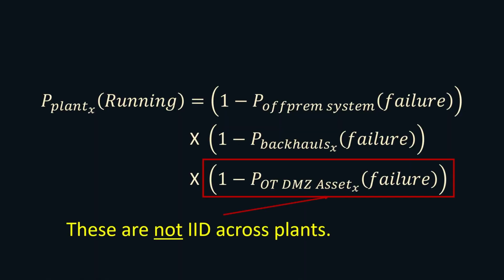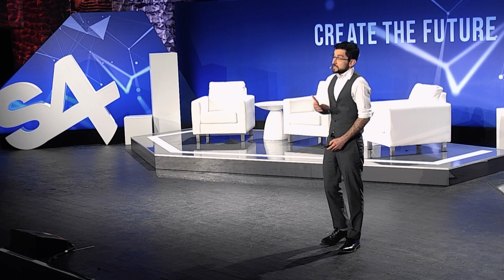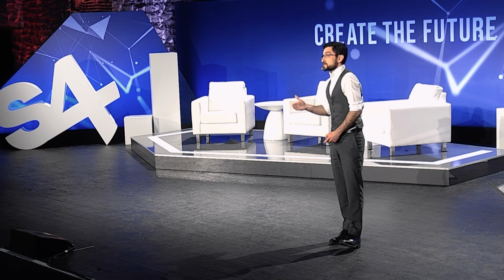And the mistake that the industrial engineers are making is they seem to think that all of these assets operate independently from one another. That's just not true. The piece of software, if it fails in one place, in a time-framed manner, will fail at the same moment someplace else. Or it's an underlying thing, which has nothing to do with the OT DMZ asset.